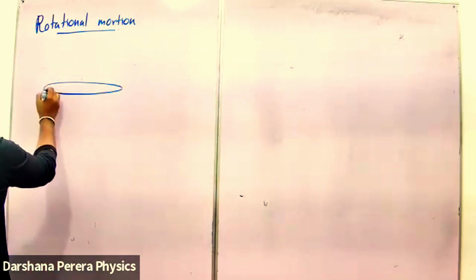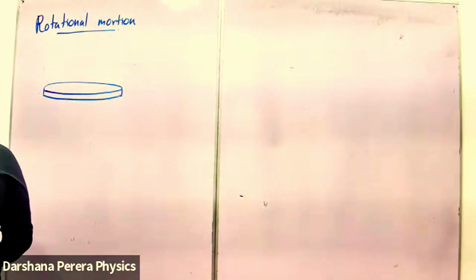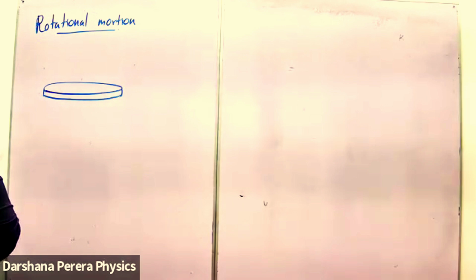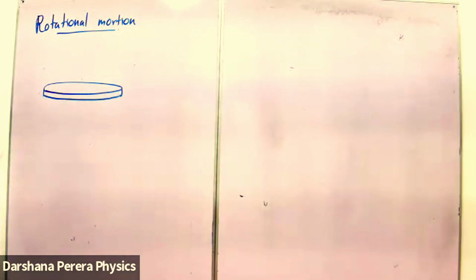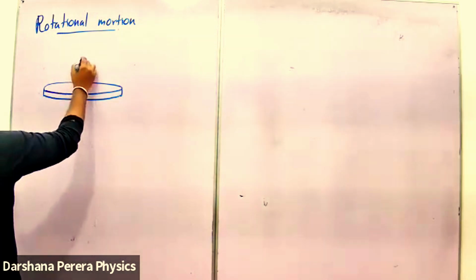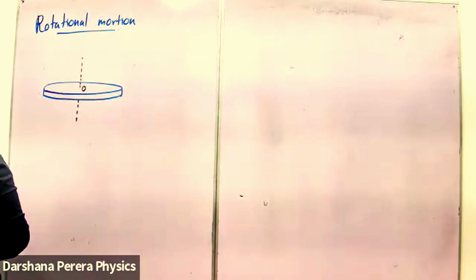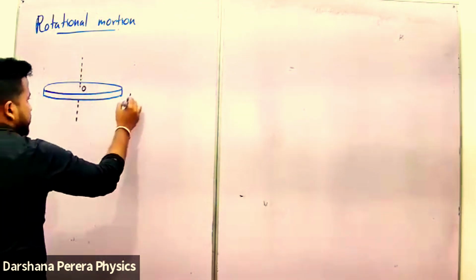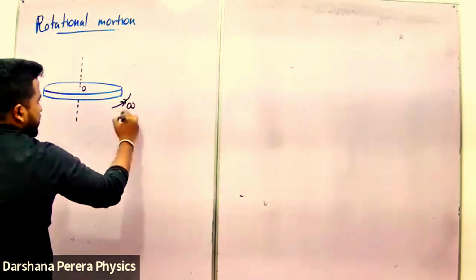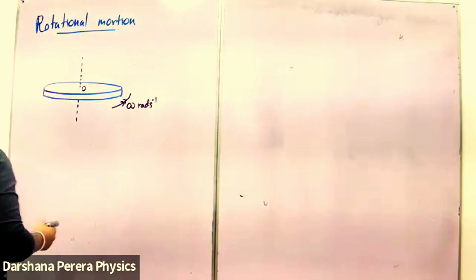Consider a case where an object rotates on the O axis. This rotates uniformly.